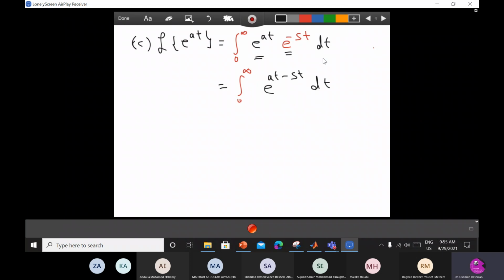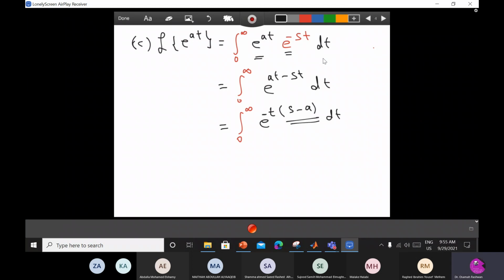Now this is the integration from 0 to infinity of e to the, I can take minus t as a common factor, so this one will be s minus a, dt.